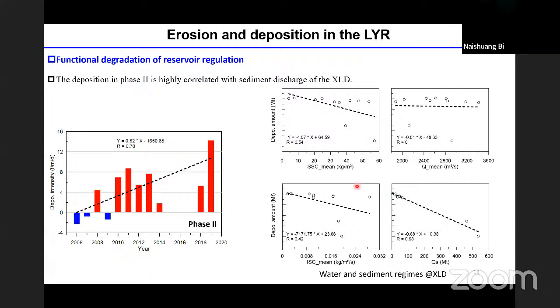It shows that the deposition in the lower river channel in phase 2 was highly correlated with sediment released from the Xiaolangdi. So this indicates that the increase in sediment released from the Xiaolangdi dominated the deposition in the lower Yellow River in phase 2.